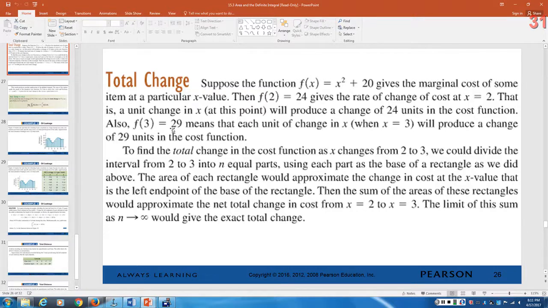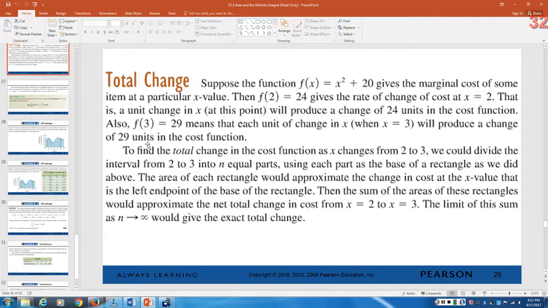And f of 3 equals 29 means that when x is equal to 3, every additional unit of change in x is going to yield another 29 units in the cost function, and so forth. To find the total change in the cost function as x changes from 2 to 3, you can divide the interval from 2 to 3 into n equal parts and use them, as we've been doing, to get the total area and thus the exact total cost.